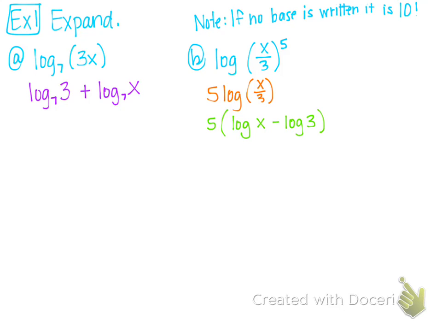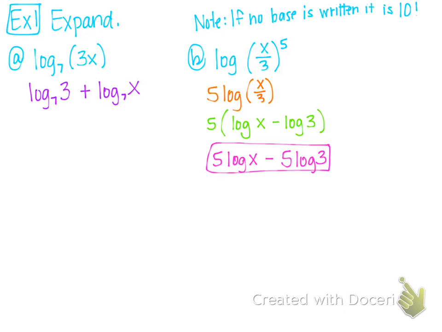So far so good. We've used our two properties. And the last thing we need to do is simply rewrite this by distributing the 5. So we have 5 log of x minus, then we have 5 times log of 3. And we've expanded that as far as we can go.